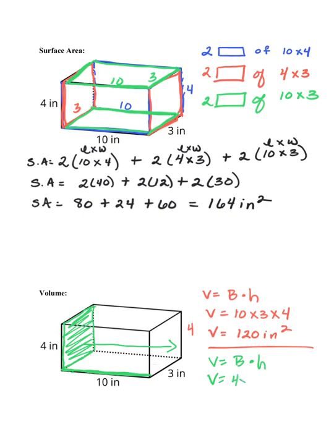It's a 4 by 3 times the height, which is 10. You hopefully can already see right here and right here, I'm still multiplying the same numbers together. Okay, and multiplication is commutative, so we can switch that order and still get the same answer. I'm still getting 120 cubic inches. Whoops, I did that wrong up here. That should be 3 cubic inches, not squared.